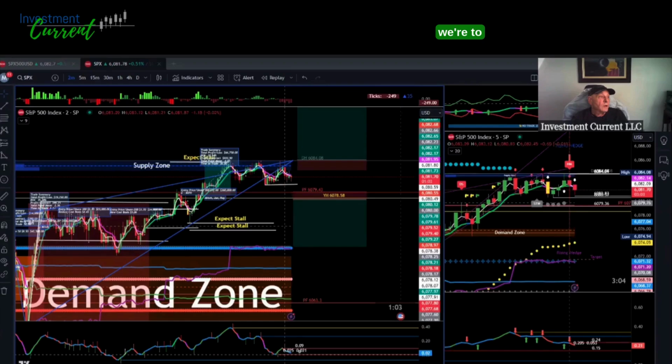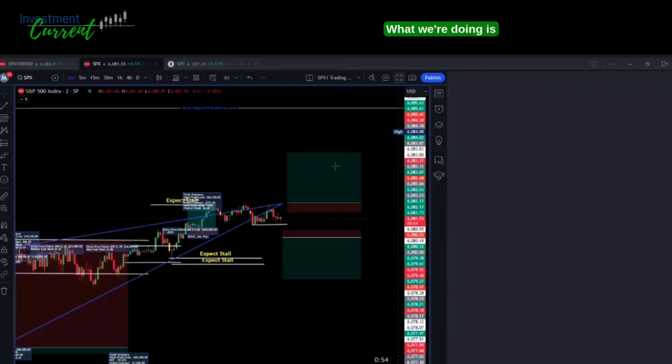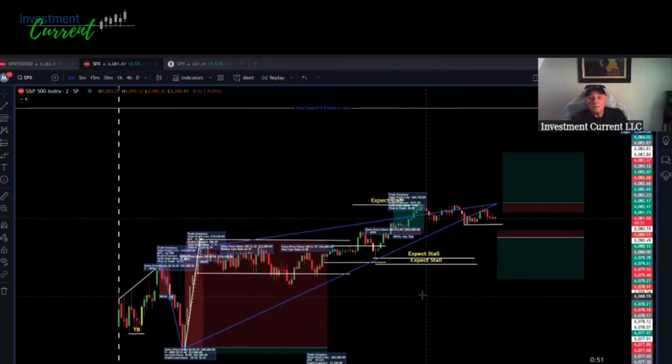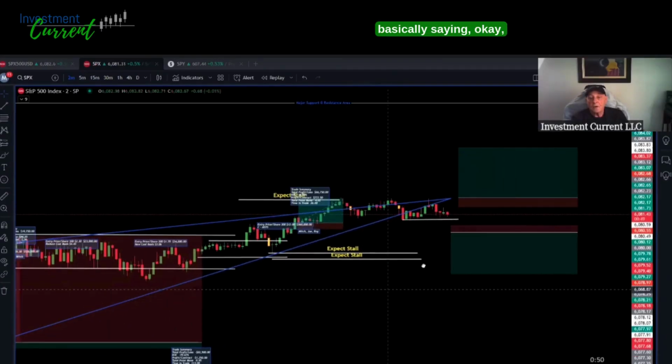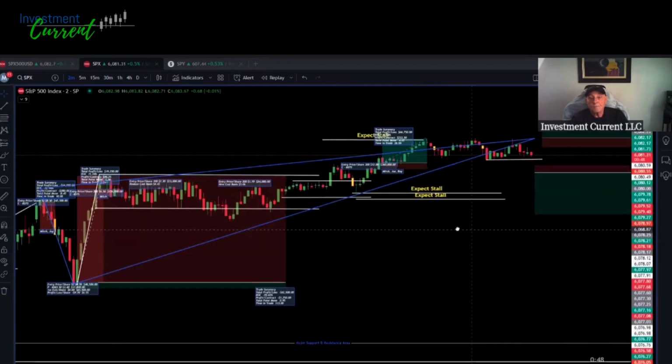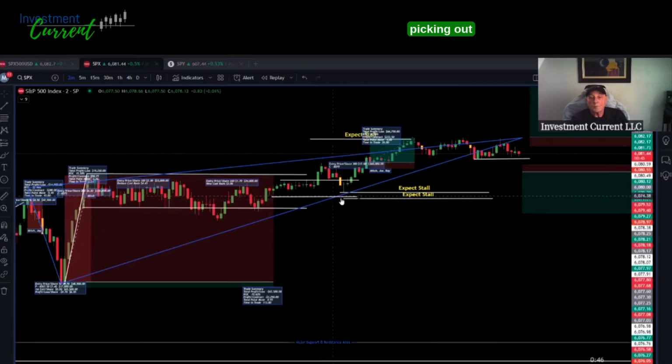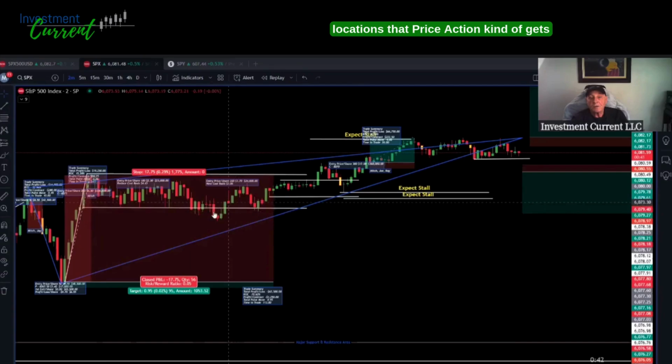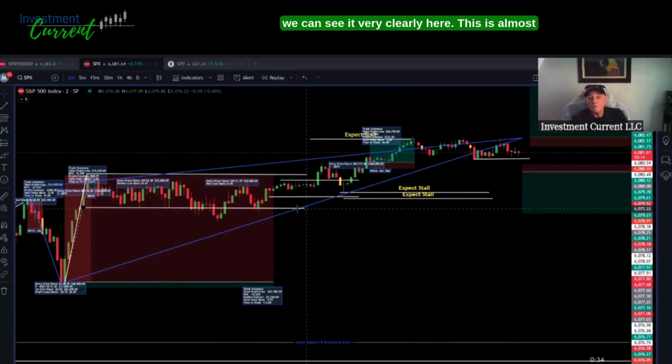Okay. If we're to look on this chart, what we're doing is basically picking out locations that price action kind of gets stuck at. And we can see it very clearly here. This is almost the top of the opening range right here.